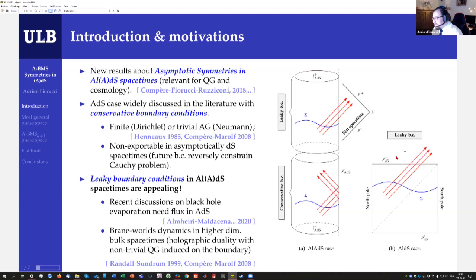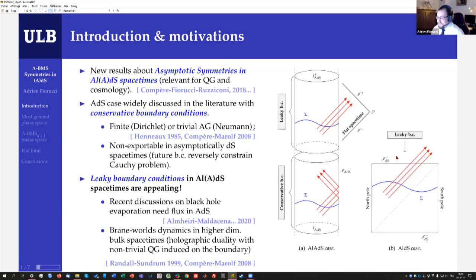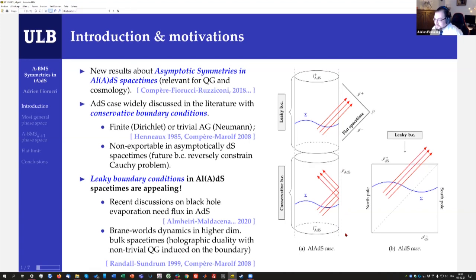To begin, the AdS case has been widely discussed in the literature, but mainly with conservative boundary conditions, that is, boundary conditions that prevent energy flux or gravitational waves from crossing the conformal boundary of AdS. That leads to finite groups for Dirichlet boundary conditions or trivial asymptotic groups for Neumann boundary conditions.